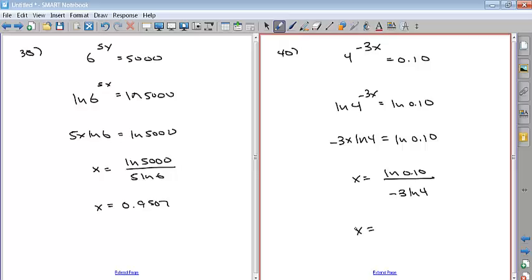Divide by -3 and divide by the natural log of 4, and I get 0.5537. If I plug that back in, I'll have 4 raised to the -3 times 0.5537, and I should get 0.1, which I do.